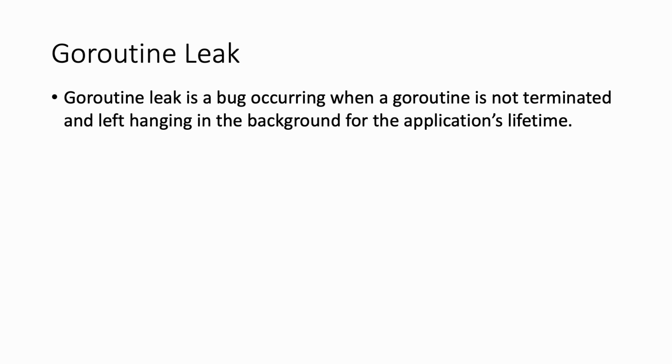In the last topic of this lecture, I'd like to discuss a common issue you may encounter with concurrent programming in Go. That is the issue of goroutine leak. Goroutine leak is a bug occurring when a goroutine is not terminated and left hanging in the background for the application's lifetime.